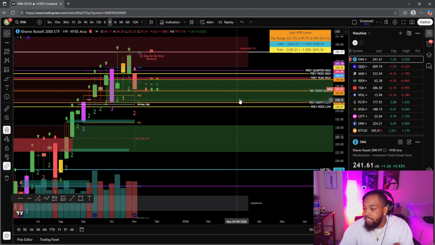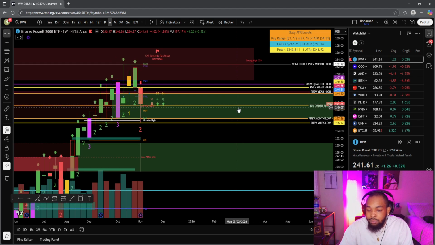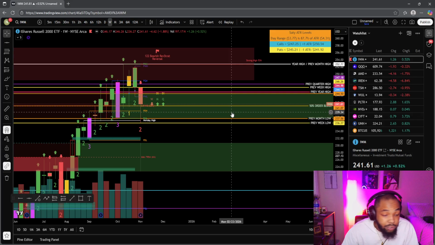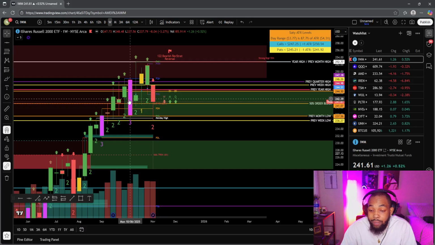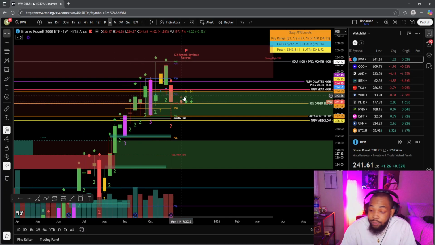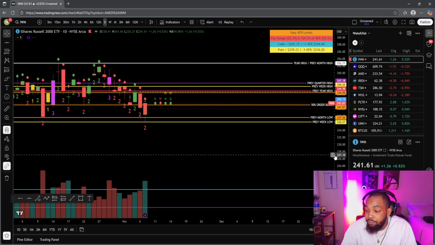But we're sitting at 241 right now. So all these levels could potentially be targets once I decide to take a trade. And looking back, looking left, and knowing how to move right, you see a lot of where we have reactions off of these levels. So now I'm going down to a daily time frame.